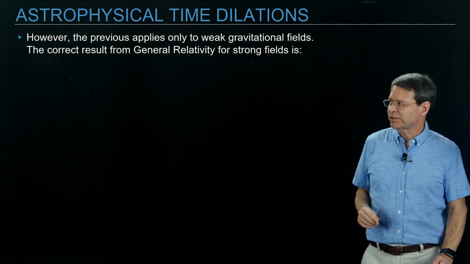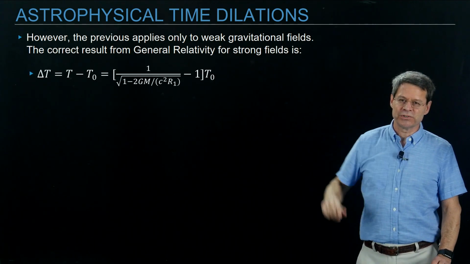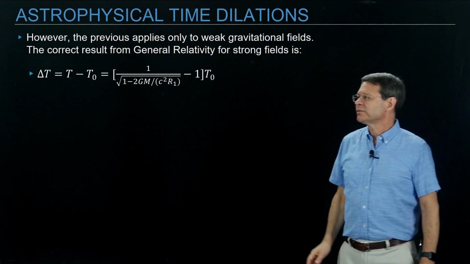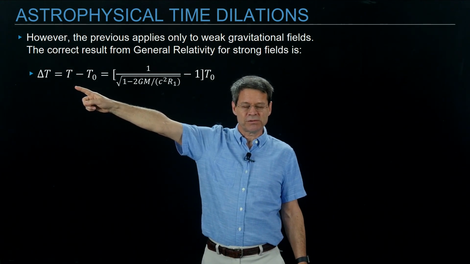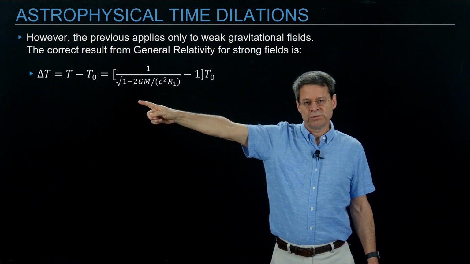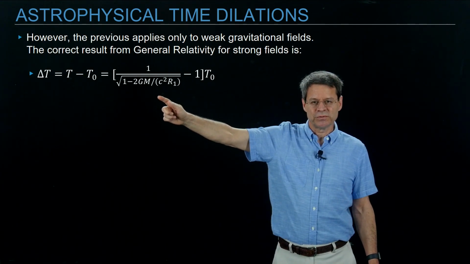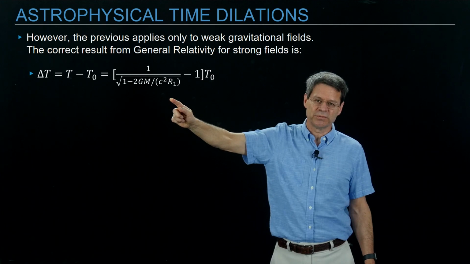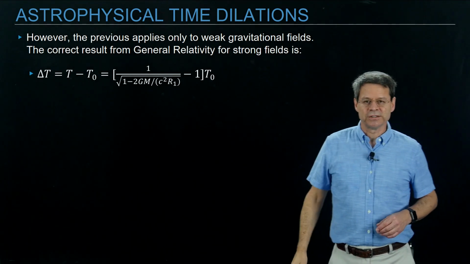And in fact, we have to go to general relativity to get the correct expression in the case of a strong gravitational field. And so without derivation, let me just say that the correction for the time dilation due to general relativity, so delta t, is 1 over the square root of 1 minus 2 big G, the mass of the object, over c squared r1, the distance you are from the center of that object, minus 1, all quantity times t naught.